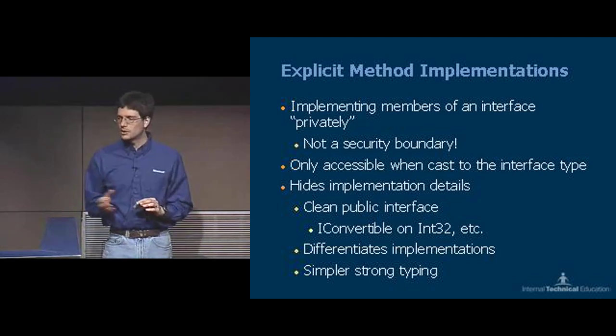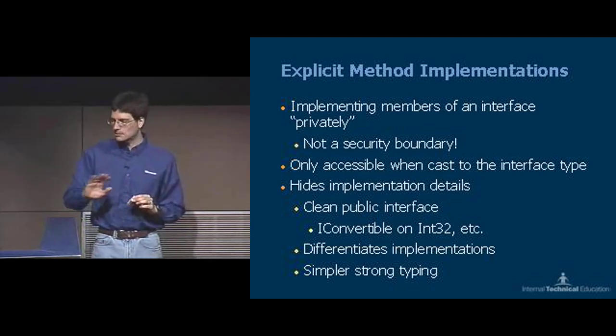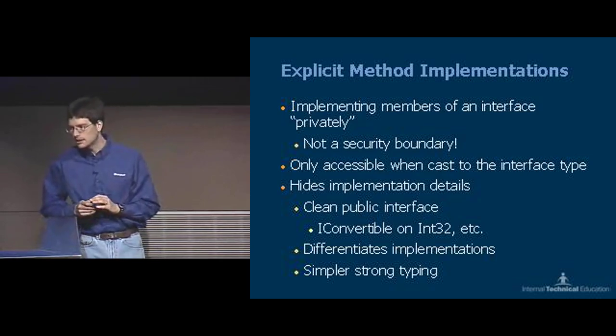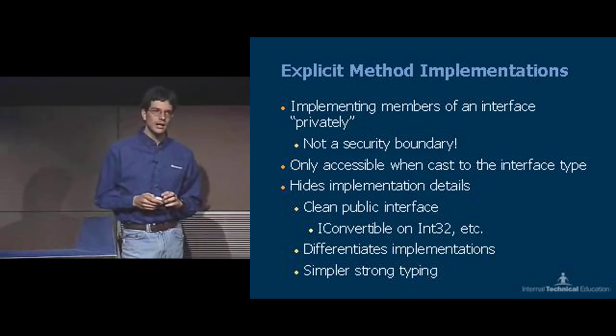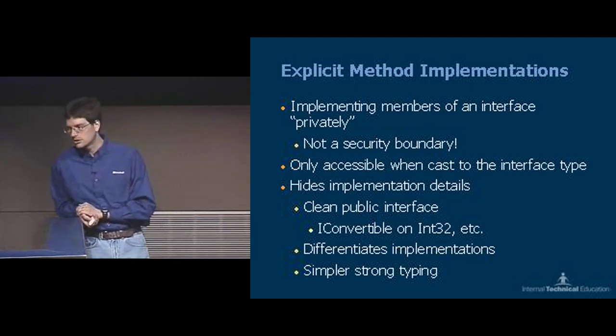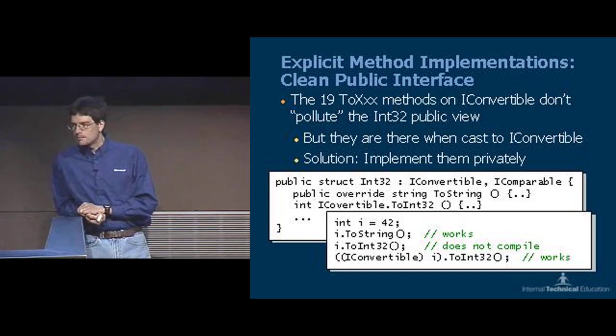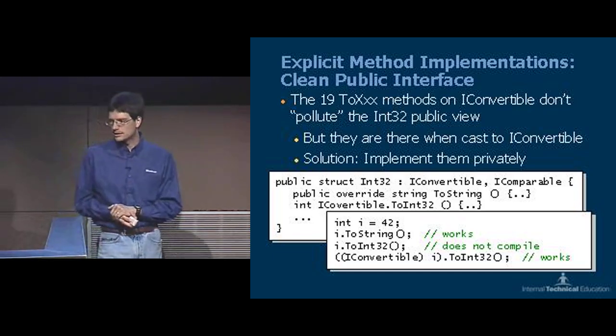And so we decided we would encourage people to use the Convert class by privately implementing or explicitly implementing the IConvertible members on Int32. Yeah, so that's essentially that example there.